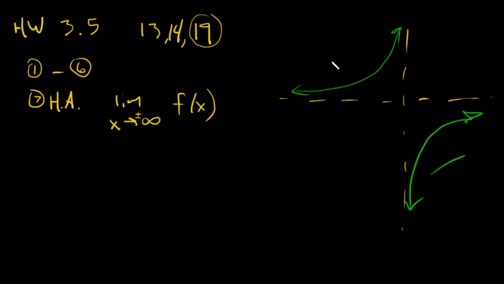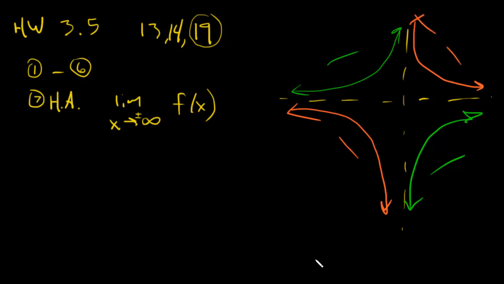So if you have slopes going up like that on either side of your vertical asymptote, if you have negative slopes, then it's going to look something like this. Just like that. So that's what you would get if you had a negative slope. Something like that on either side. Okay? So try number 19, see how it goes, and we will pick up there.